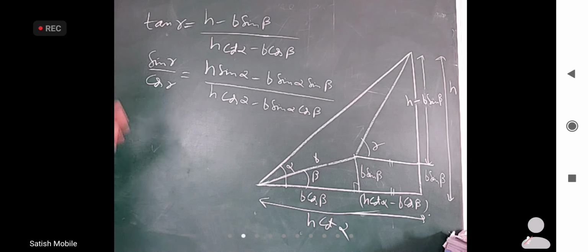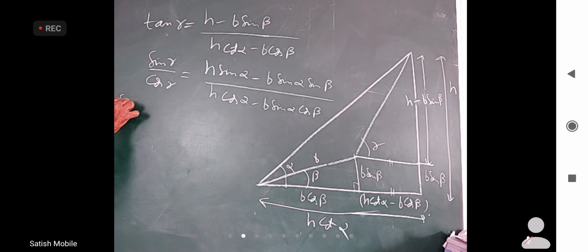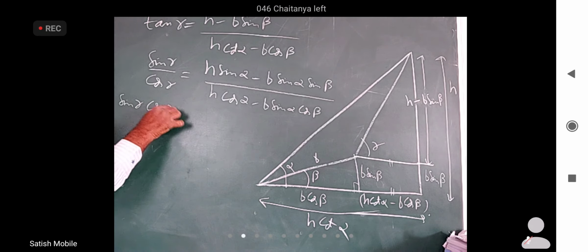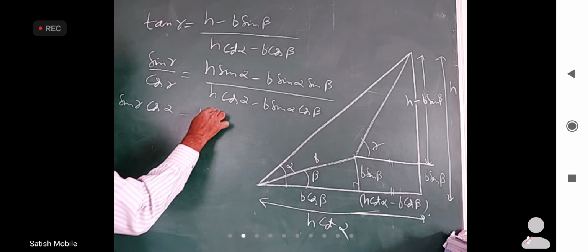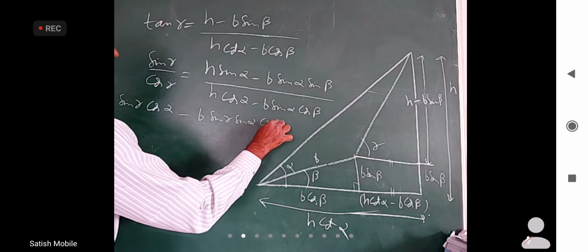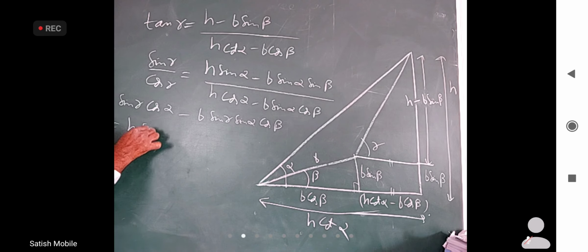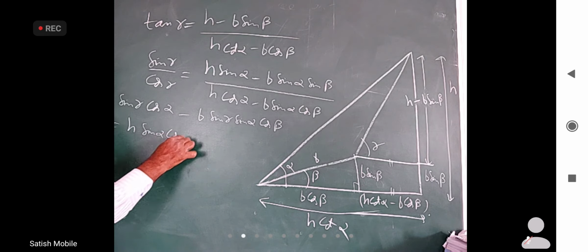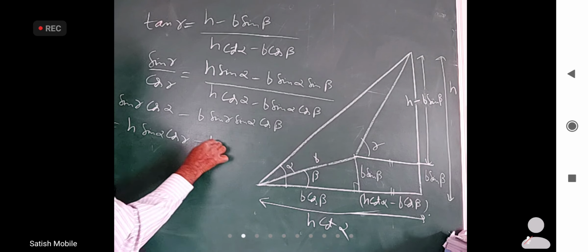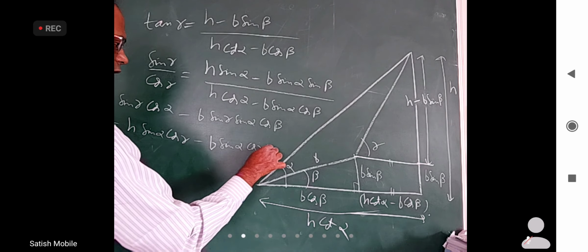Now I can do cross multiplication. This will give me h sine gamma cos alpha minus b sine gamma sine alpha cos beta. If I do cross multiplication here, h sine alpha cos gamma minus b sine alpha cos gamma sine beta.